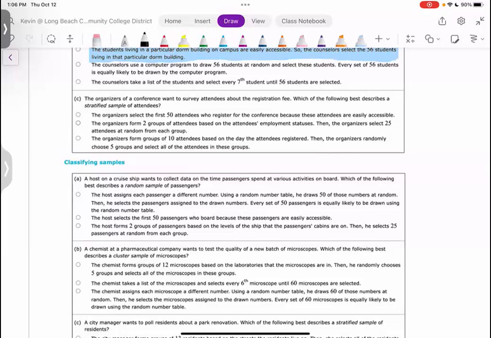The organizers form two groups of attendees based on the attendees' employment statuses. Then the organizers select 25 attendees at random from each group. That's definitely stratified. I'm going to read the last one anyway. The organizers form groups of 10 attendees based on the day the attendees registered. Then the organizers randomly choose 5 groups and select all of the attendees in these groups. That one is cluster. So we are definitely looking at this middle one here.